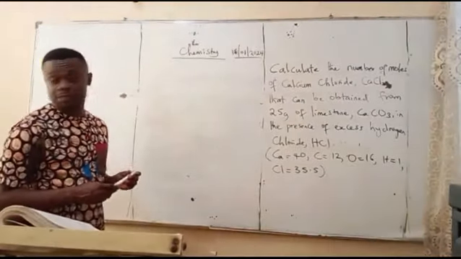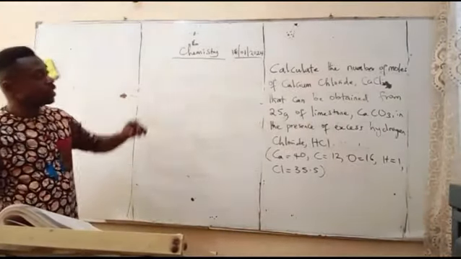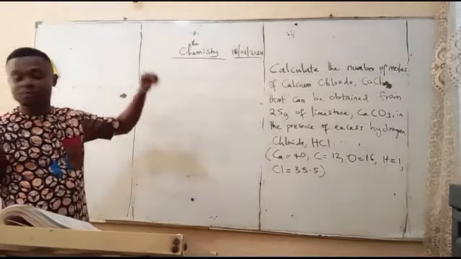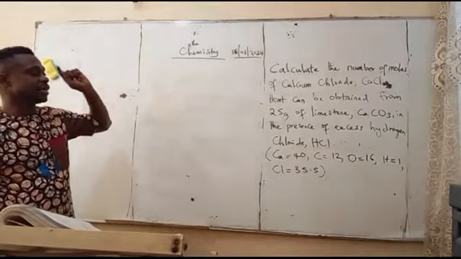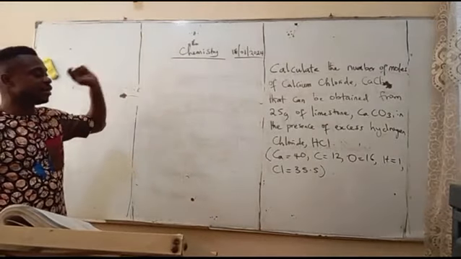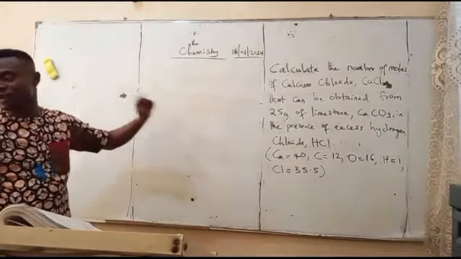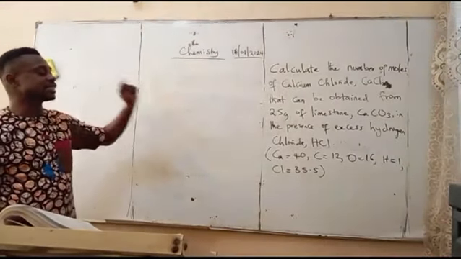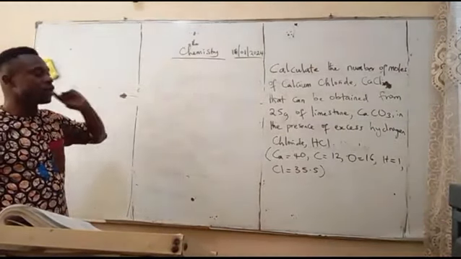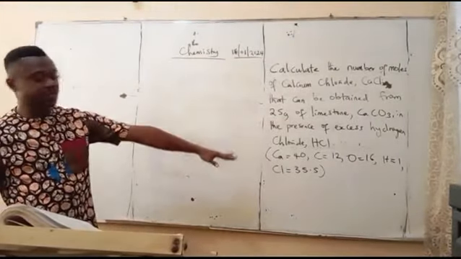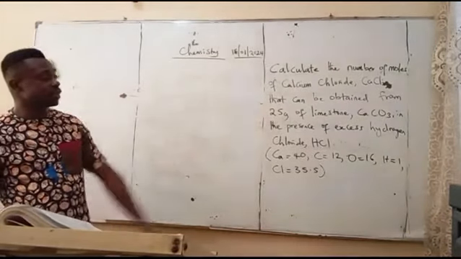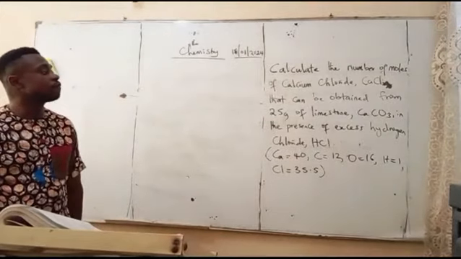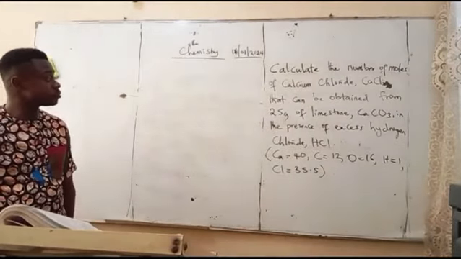The question says, calculate the number of moles of calcium chloride that can be obtained from 25 grams of limestone in the presence of excess hydrogen chloride. Here are the relative atomic masses of the component elements of these compounds.